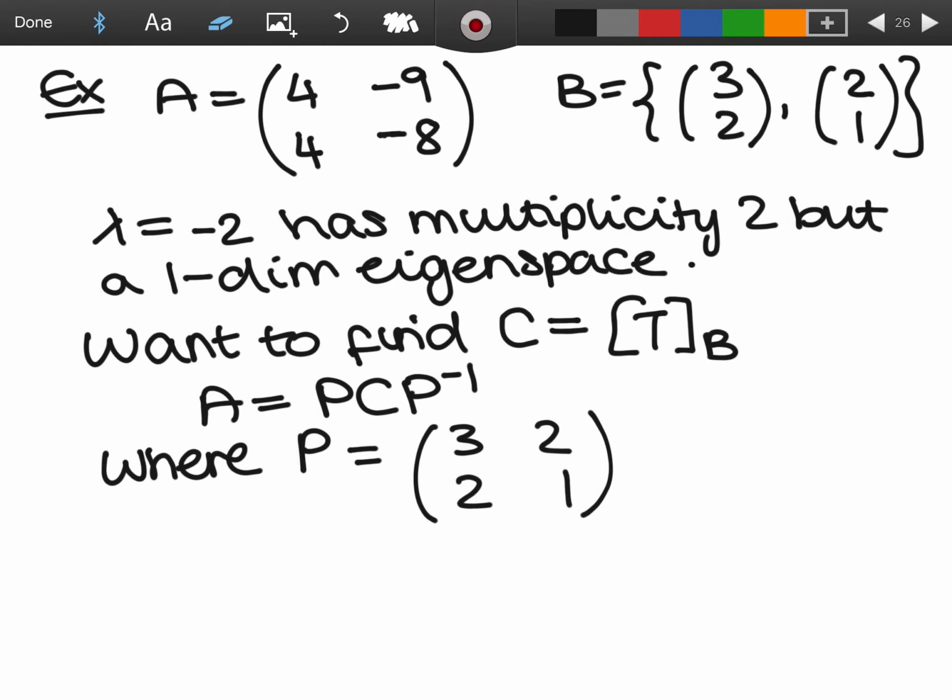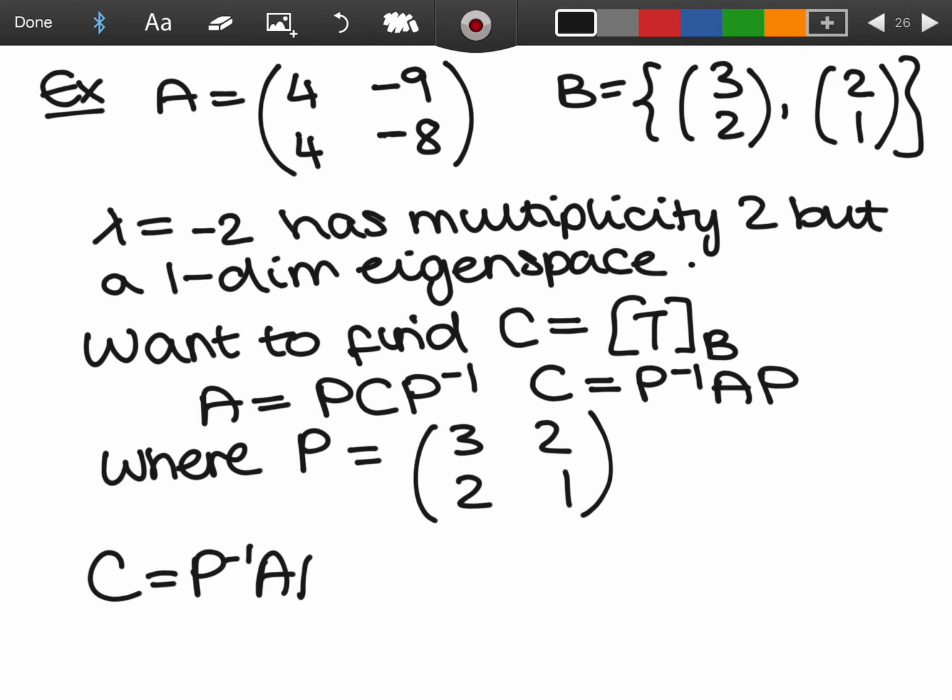So I now know, as A is P C P inverse, that tells me that C, if you want to play around with this, multiply both sides on the left by P inverse and both sides on the right by P. That will give you P inverse A P. So if I want to find this matrix C, all I have to do is P inverse multiplied by A multiplied by P. So C is equal to P inverse A P, which comes out to -2, 1, 0, -2.